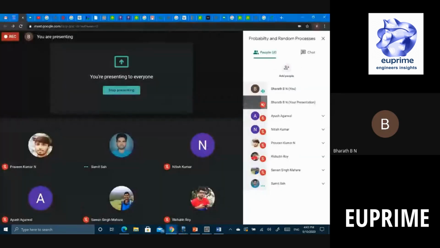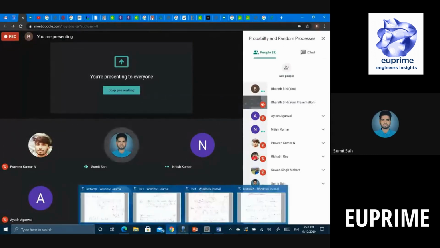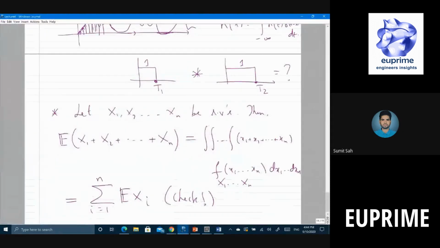Nitesh, is this clear? Yeah, so we can prove it just by the definition you have written. We have to take that density function to each of x1, x2, and so on. Yeah. But the thing is, you won't be able to integrate the density function with respect to x1 for the first term, because you have x1 times f of x1 through xn.